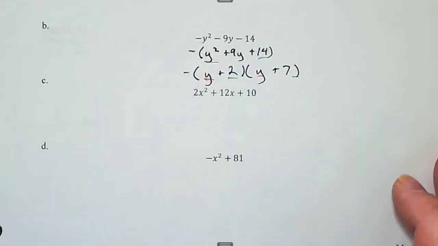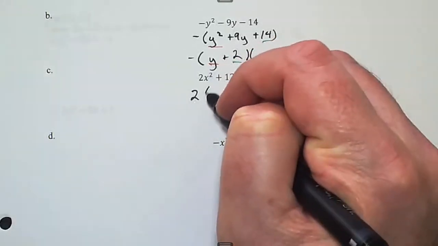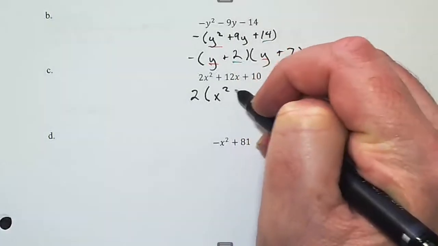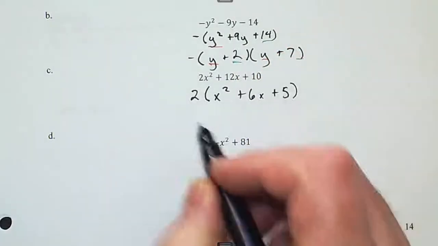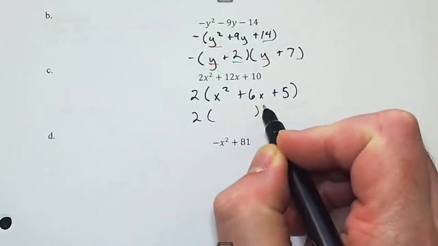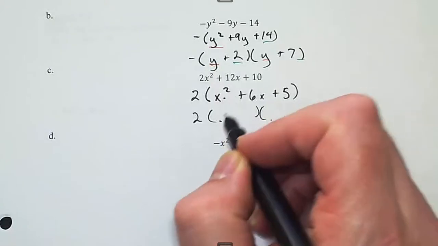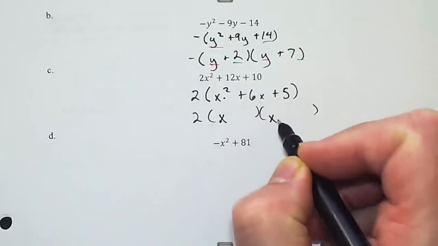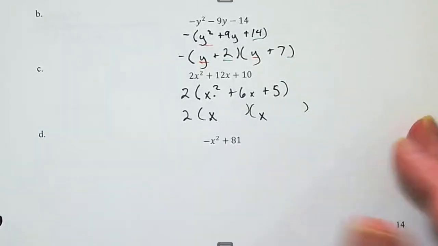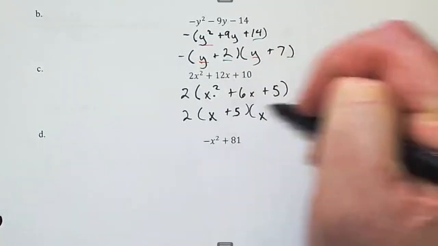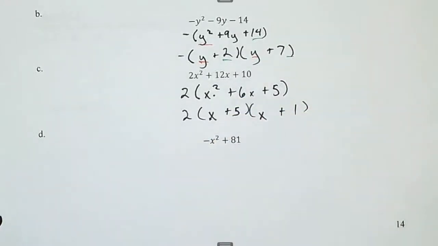All right, look at letter C. Okay, we have a 2 in each term, so let's factor out the common factor of 2. And then we can try and factor this further. All right, what goes here and here multiplies to the first term. So that's x and x. What goes here and here has to multiply to 5. There's only 5 and 1. That's the only choice. So either it works or it doesn't. X plus 5x is 6x.